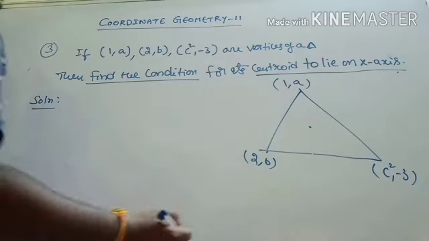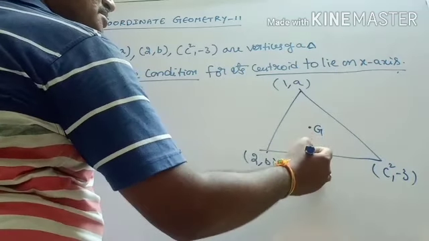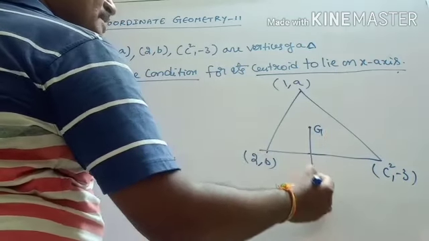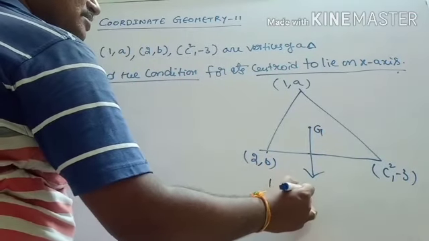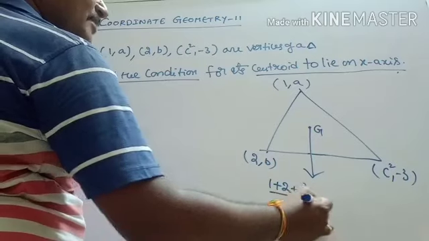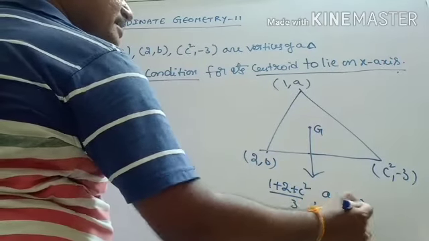Therefore this G is (1 plus 2 plus c square) by 3 comma (a plus b minus 3) by 3.